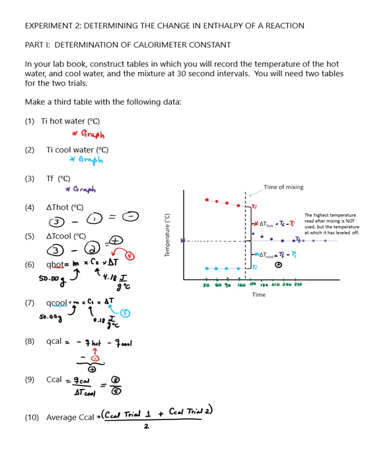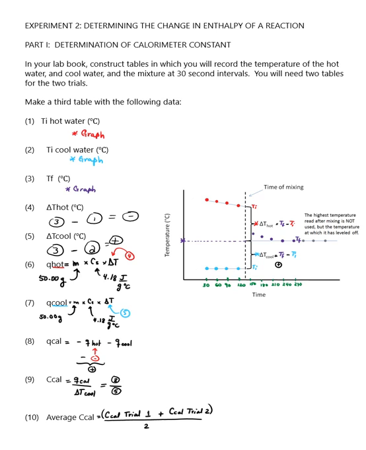Now, what you're trying to determine with this part is the calorimeter constant, or how much heat the calorimeter is absorbing. So you can use that one as a correction when you're doing the next part. So to calculate the heat absorbed by the calorimeter, you have your Q hot, which is a negative sign, because the hot water is the one that is losing the heat.